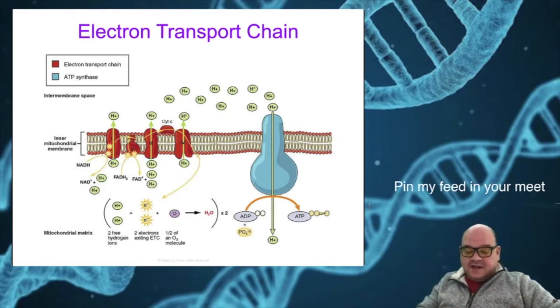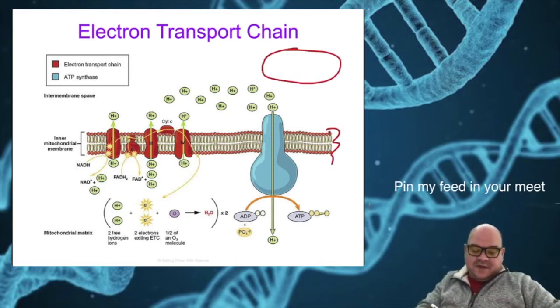So if you look at this bilayer here, that is going to be the membrane I'm about to draw in purple. And this is why we have all the surface area on these cristae to get more room for these proteins that make up the electron transport chain.